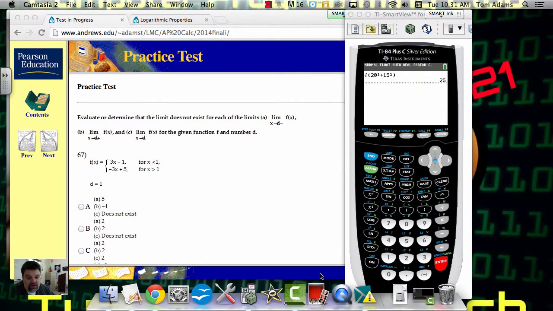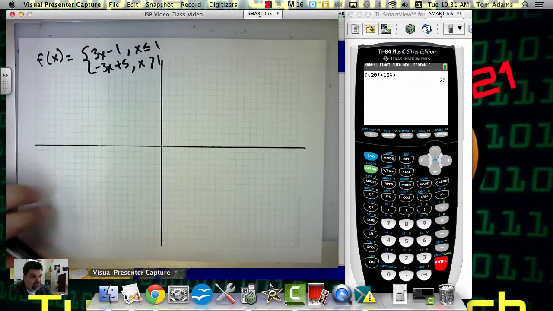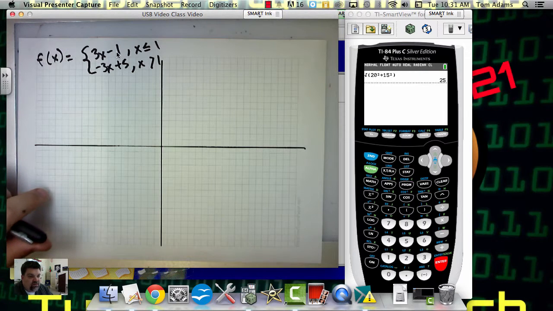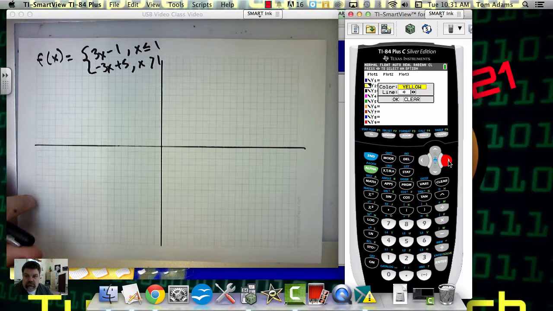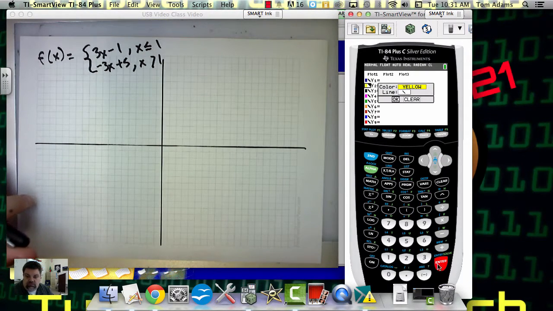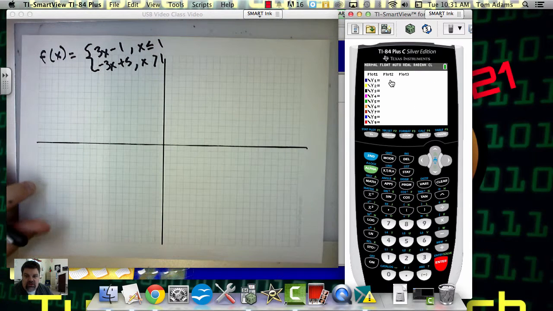So now here's what I'm going to do. I've drawn my little graph like this. The first graph that I'm going to graph is going to be the 3x minus 1.